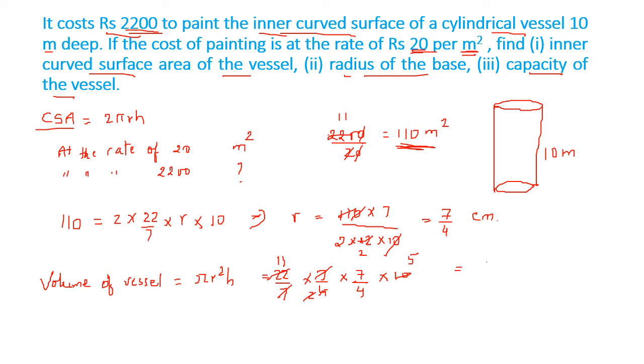So 11 5s are 55. So 55 into 7 upon 4 will give us the volume of the vessel. That is 96.25 meter cube, not centimeter, meter cube. So we have found the values according to the need.